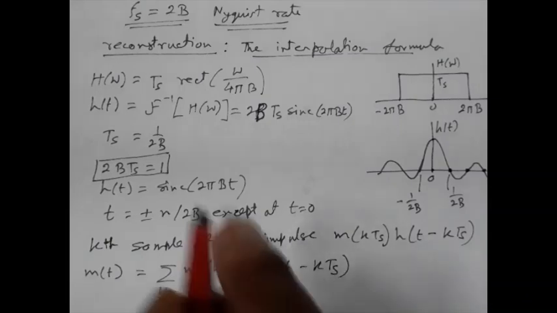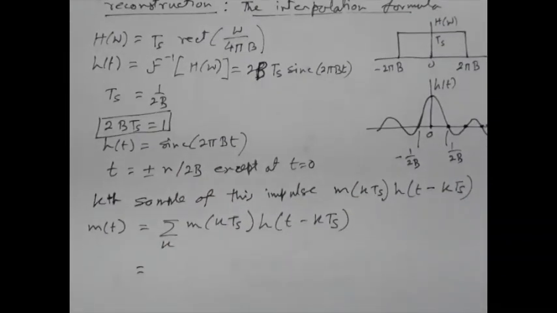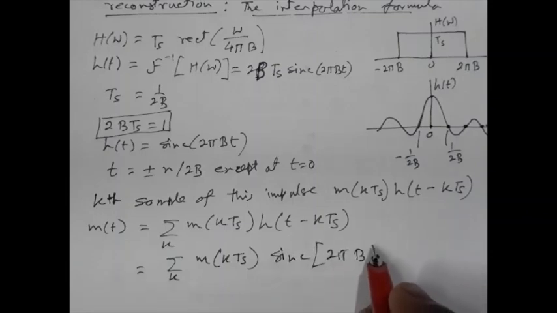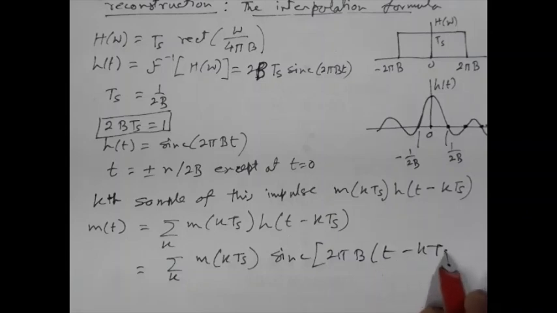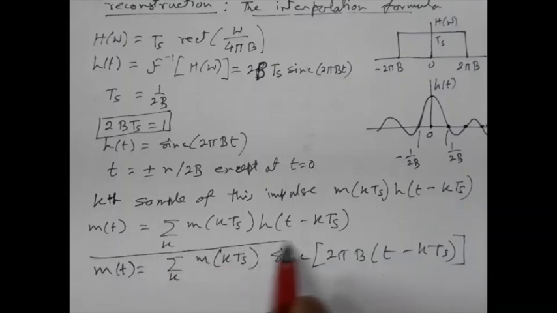Putting the value of h from here, you can write summation over k of m(kTs) sinc of 2 pi B into (t minus kTs). This is called the interpolation formula.